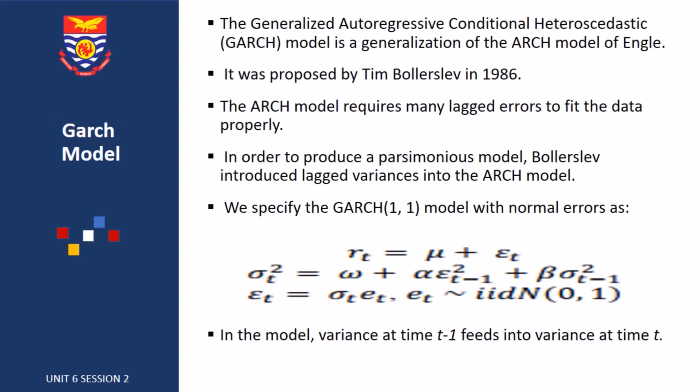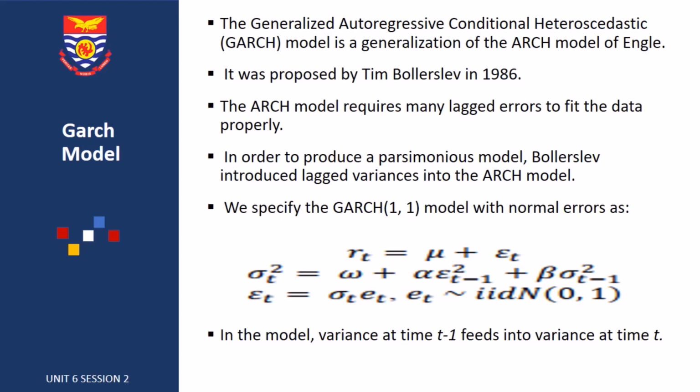We have now come to the GARCH model, that is the generalized autoregressive conditional heteroscedastic model. The GARCH model is a generalization of the ARCH model of Robert F. Engle, and it was proposed by Tim Bollerslev in 1986.